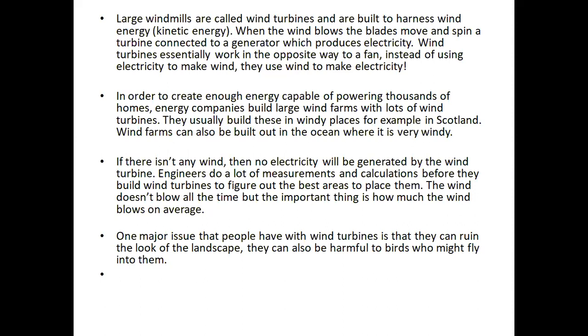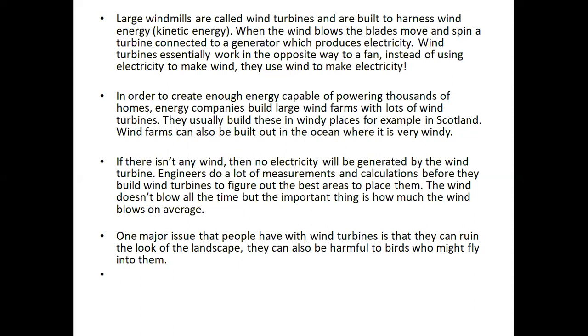Large windmills are called wind turbines and are built to harness wind energy, that is kinetic energy. When the wind blows, the blades move and spin a turbine connected to a generator, which produces electricity.